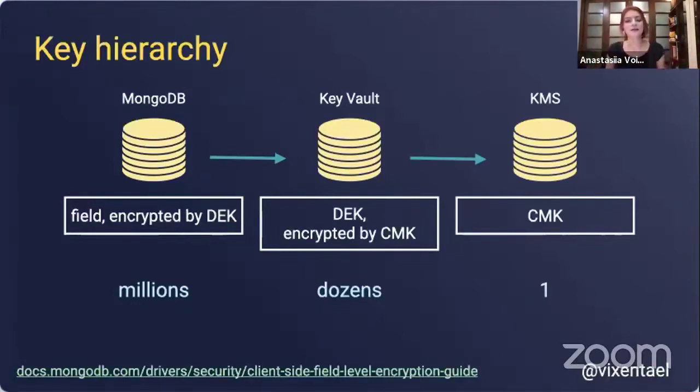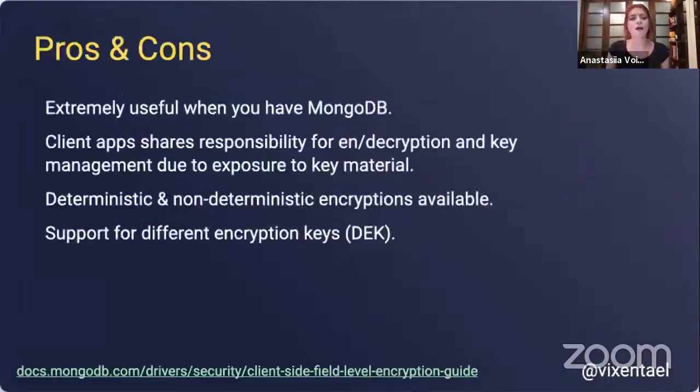This is the key hierarchy typical for MongoDB, but they support different options. I put the link here, just check the docs. This approach is super useful when you use MongoDB, obviously. They also provide deterministic or non-deterministic encryption, which means that they support searchable encryption. Yes, with some caveats and limitations, but still.